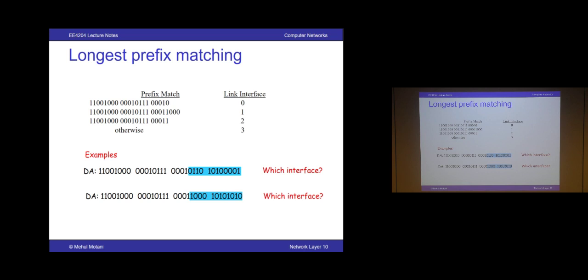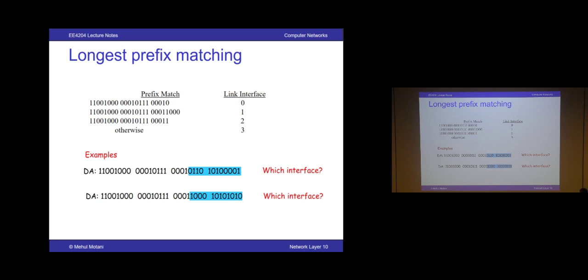I've got to find the longest prefix match. So what's the longest prefix match here? Interface 1, right? Even though interface 2 matches 0011, interface 1 matches more. So this gives me the flexibility to route in a rich function, in a variety of ways.